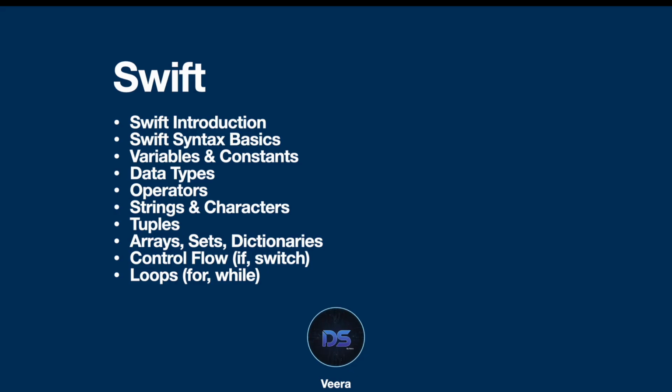Why Swift? Why did Apple introduce the Swift language? If something is introduced, it means previously there were some problems, right? Programmers were facing problems. Let's see what problems developers were facing previously. Previously Apple was using the Objective-C language.